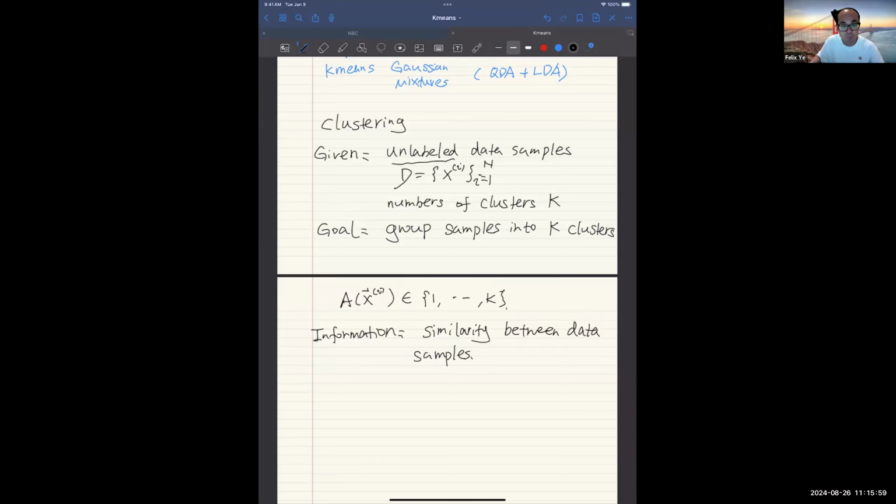So we are going to cluster those examples based on these mutual similarities. If two data points have high similarity, we cluster them together. If two data points behave completely different, then they belong to two different clusters.